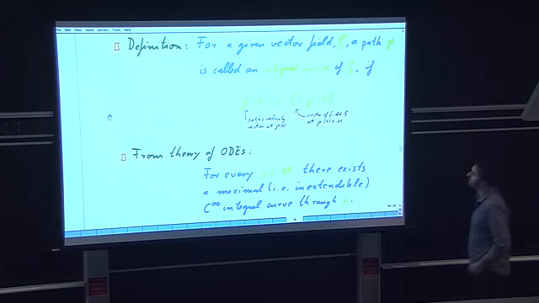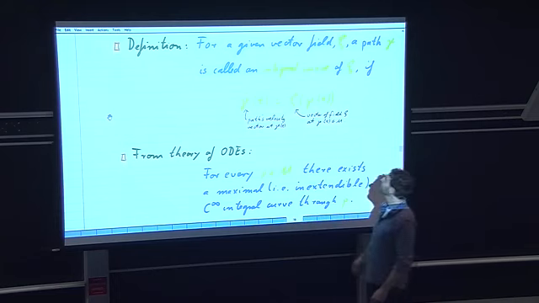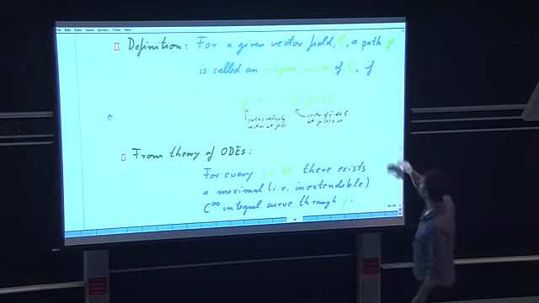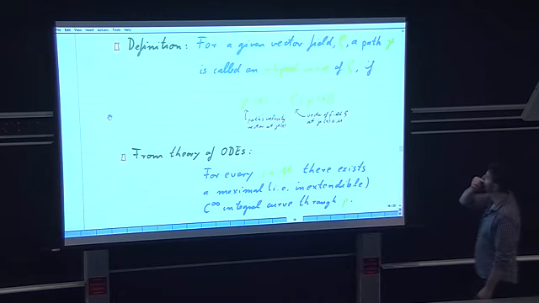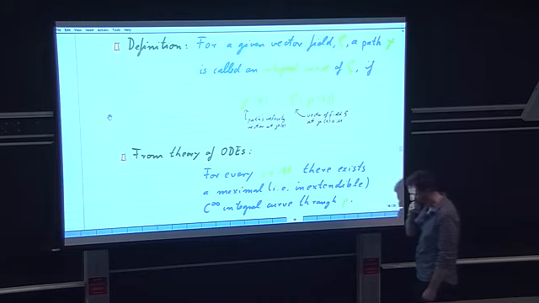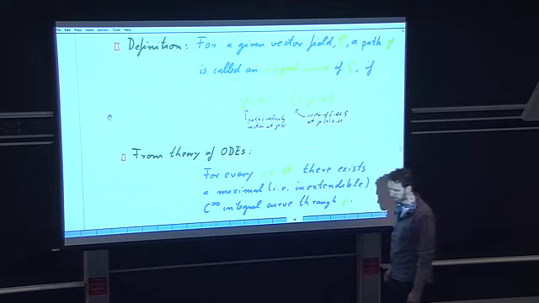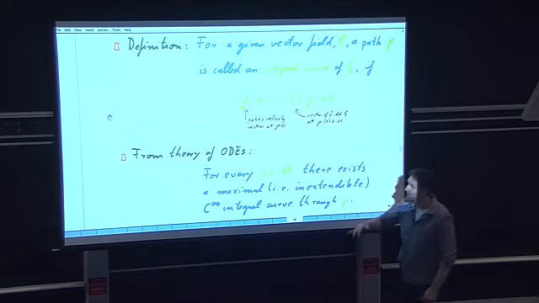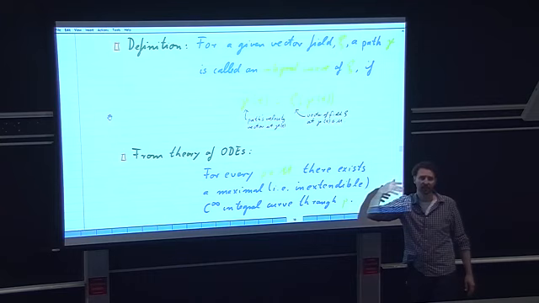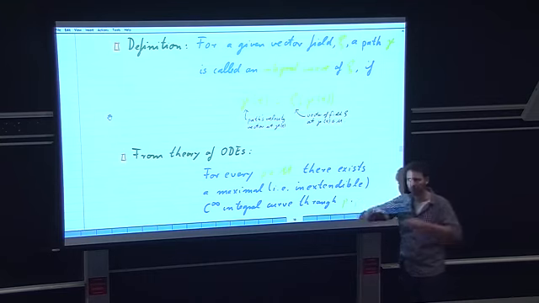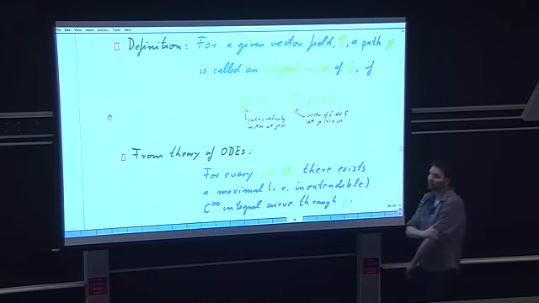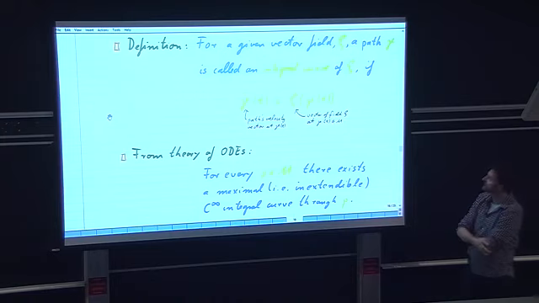Now, imagine we are given a vector field psi, and imagine we are given a path gamma. So now we are not using a path to define a vector field. No, let's say we're given a vector field. So at every point of the manifold we have a tangent vector.